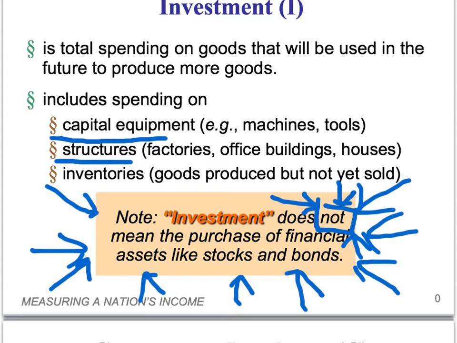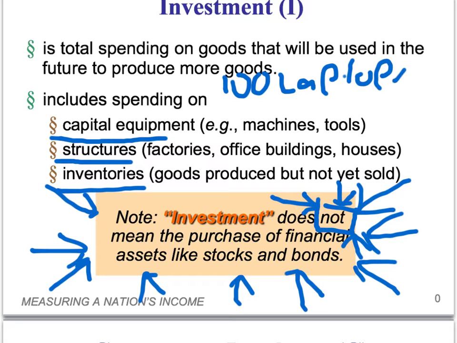And here's the one that always confuses people, inventories. I'll get to this in our homework problems. But if I'm Samsung and I make 100 laptops, and I sell 50 of them now, 50 in 2012, and 50 of them don't sell, 50 unsold.